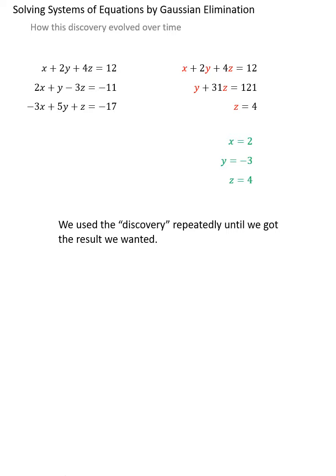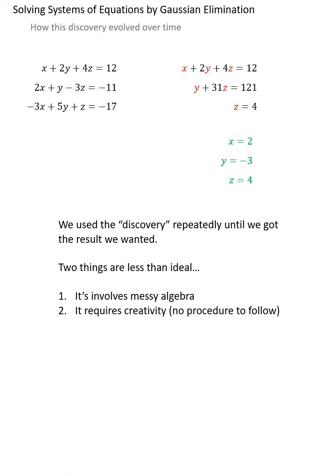So what just happened? Well, we used this discovery repeatedly until we got the result we wanted. But there are 2 things that aren't optimal at this point, I guess we could say. One, this technique involves some pretty messy algebra, as you witnessed. And it requires a creativity of a kind where you're not really following a specific procedure.